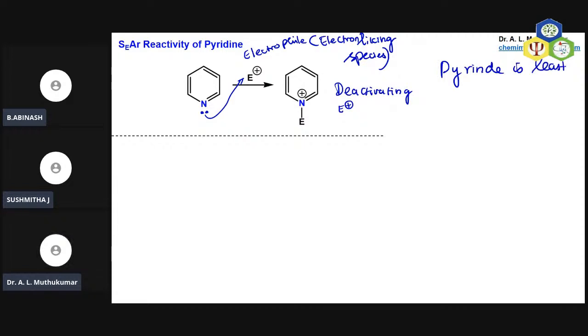Least reactive towards aromatic electrophilic substitution reaction.